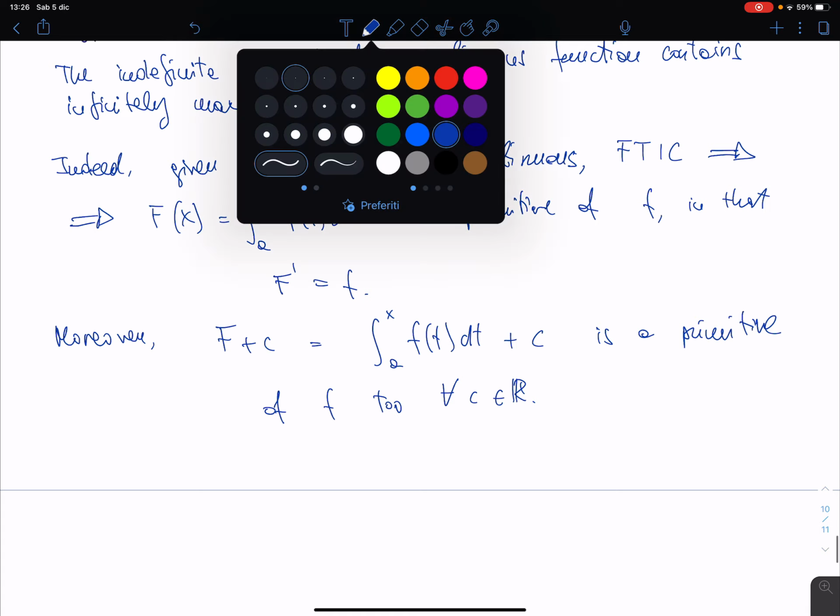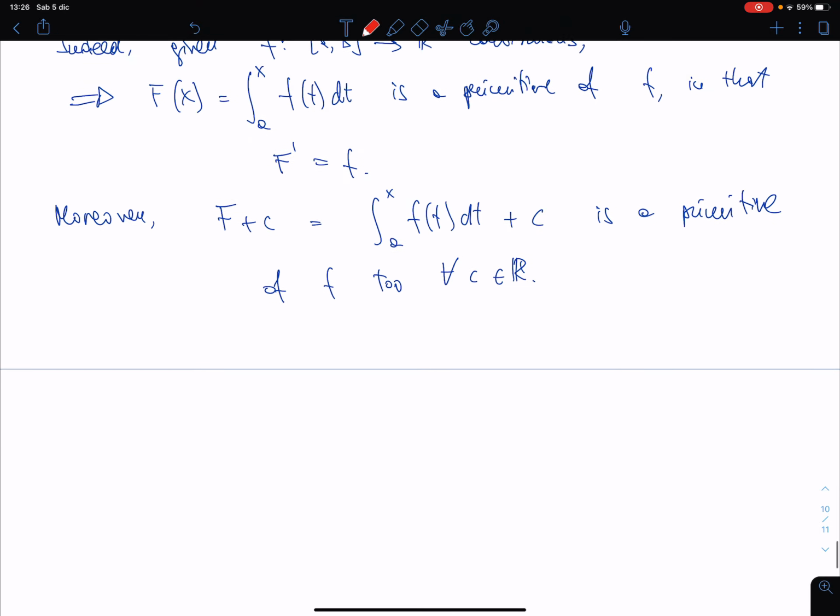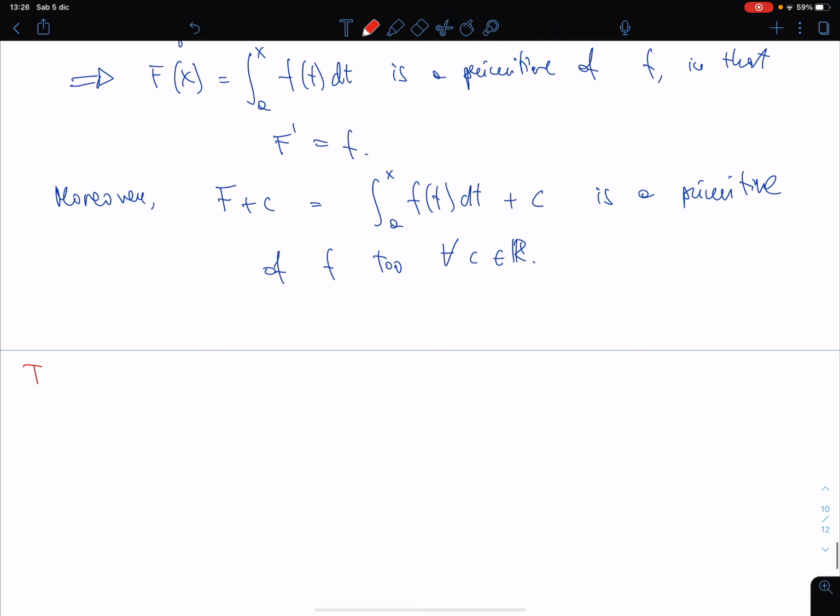So, the theorem, which is the structure of the indefinite integral, says the following.